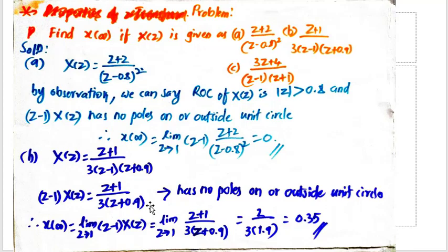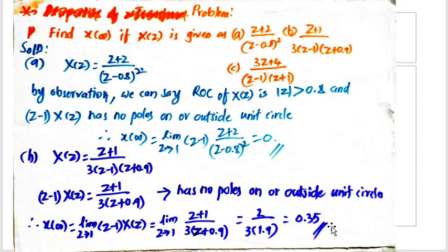So for this you can directly find x of infinity, equal to the limit as z tends to 1 of z minus 1 times X of z. If I put z equal to 1, what will come here? That will be the limit as z tends to 1 of z plus 1 upon 3 into z plus 0.9. Substituting z as 1, that would be 2 upon 3 into 1.9, equal to 0.35.